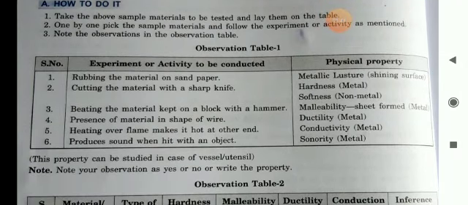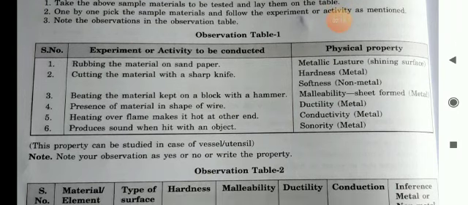So first, rub the material on sandpaper and see the surface of the material. If it is shining in nature, then it is lustrous, and if it is not shining, then it is non-lustrous.